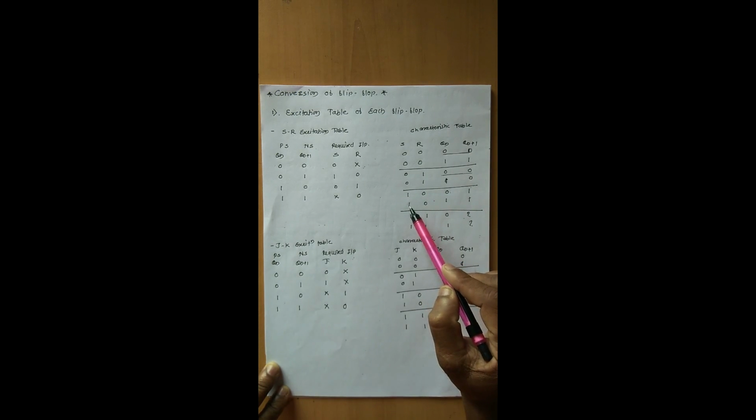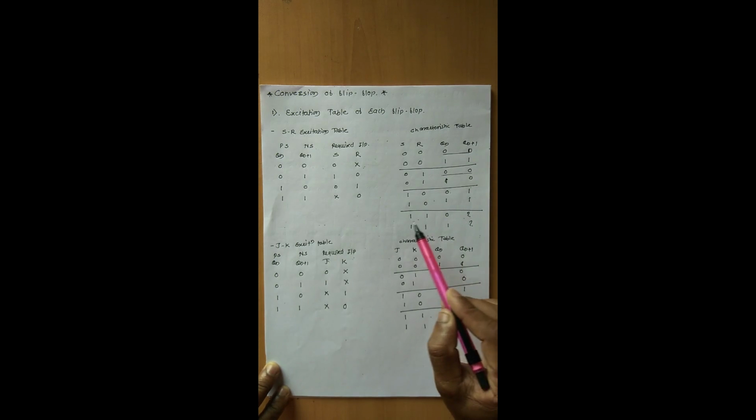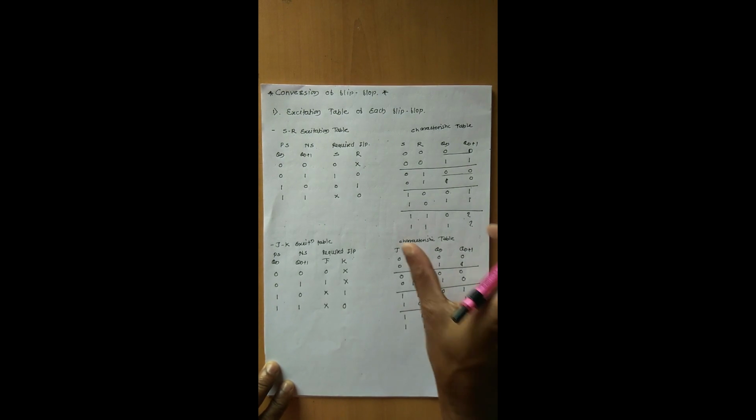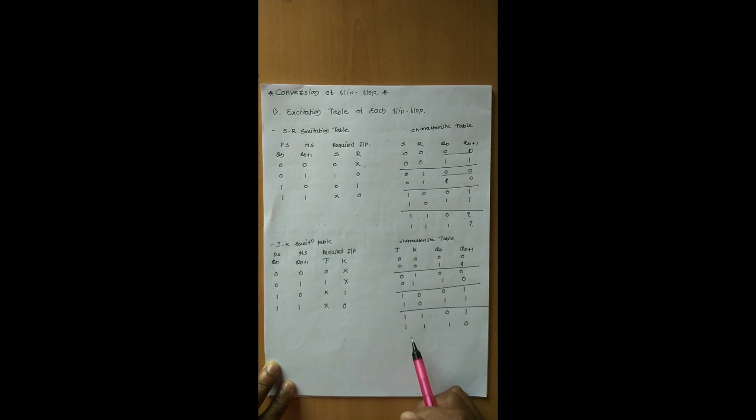When S is 1 and R is 0, Q of n plus 1 is 1. That is called the set condition of the flip-flop. And when both are 1 1, we cannot predict Q of n plus 1, so it is called the race around condition or invalid condition of the SR flip-flop.